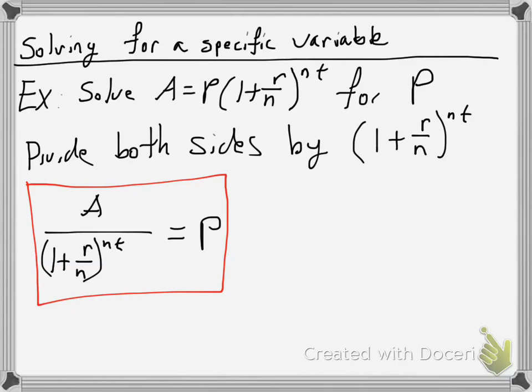So if I had a certain amount that I wanted, and a couple of options with the interest rate, number of compounds per year and time interval, I can play with those and figure out how much my principal should be in order to get $5,000, for instance.